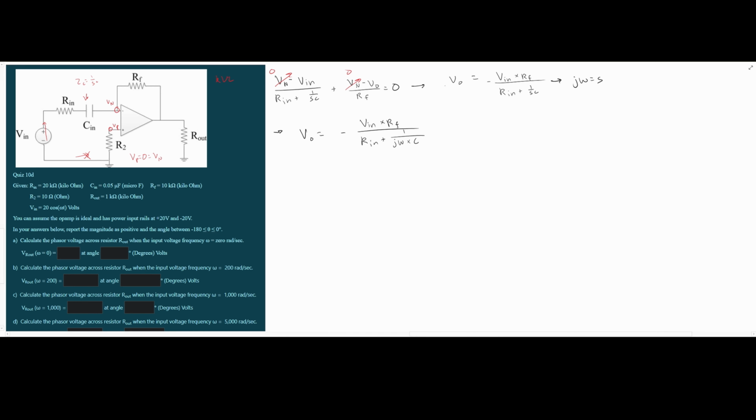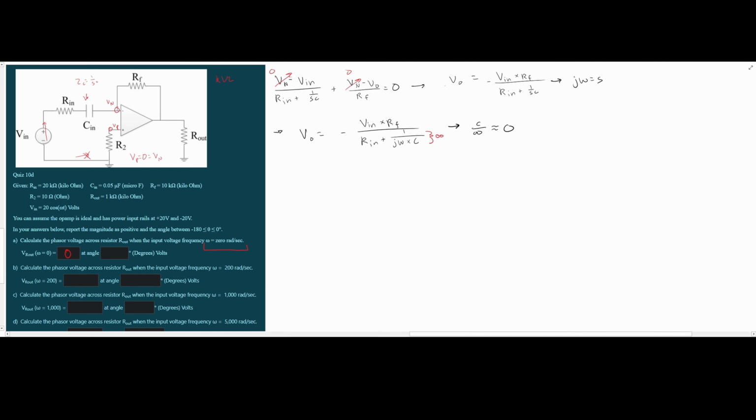Essentially, when omega is equal to 0 radians per second, this goes to infinity. And no matter what we have on top, because it is constant, Vin and RF, we have some constant over infinity, which is approximately 0. So for our answer, we have 0 for our magnitude.